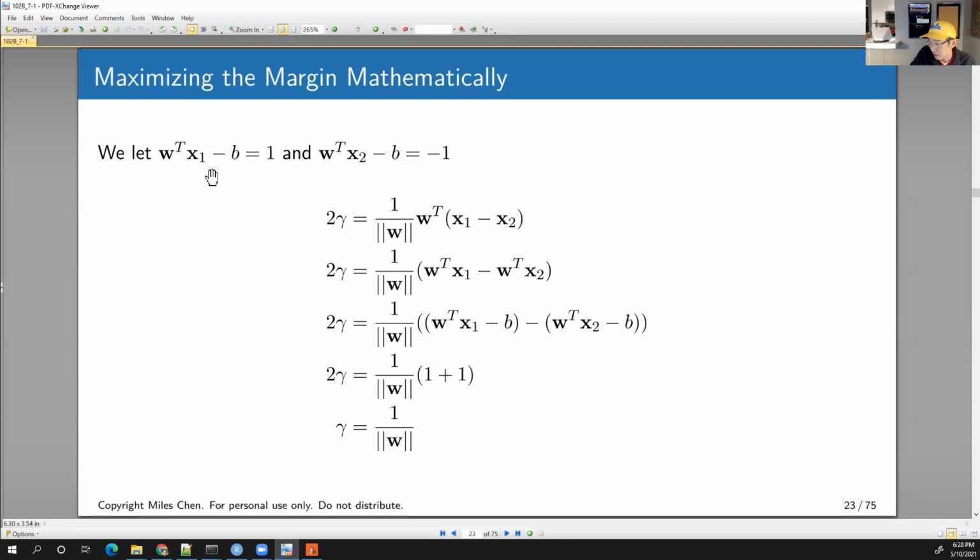When I multiply w transpose times x1 and w transpose times x2, I can distribute the w transposes, subtract a b and add a b. This thing will be replaced with a 1, and this will be replaced with a -1. So I've got a 1 plus 1, and we can cancel the 2 over here with this 2 over here, and we're going to say gamma is going to be 1 over the norm of w.